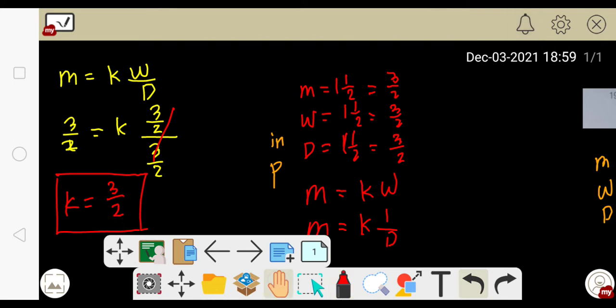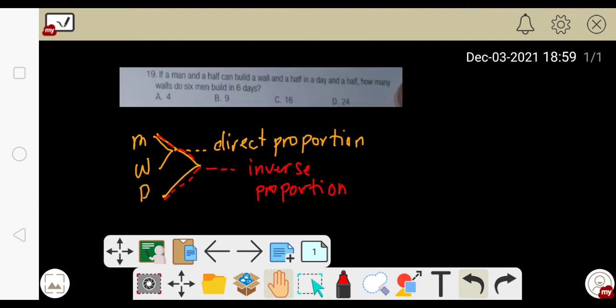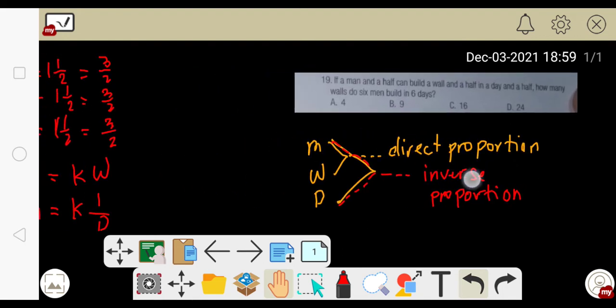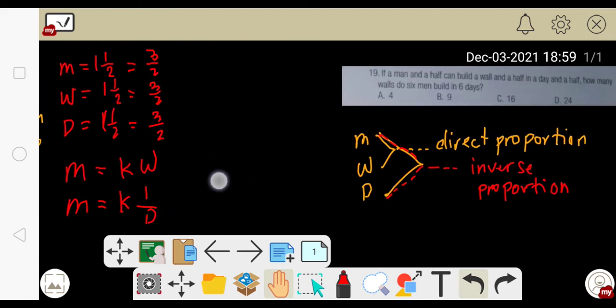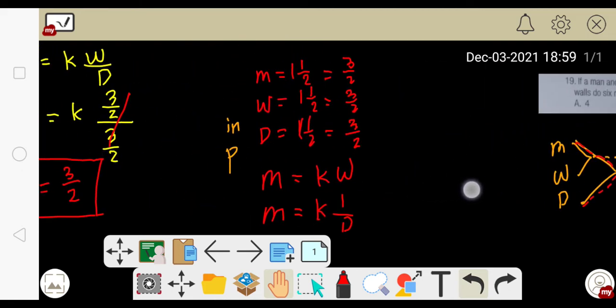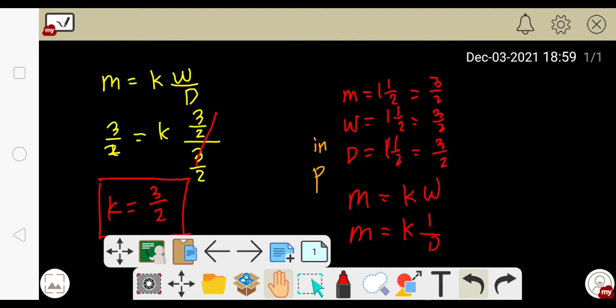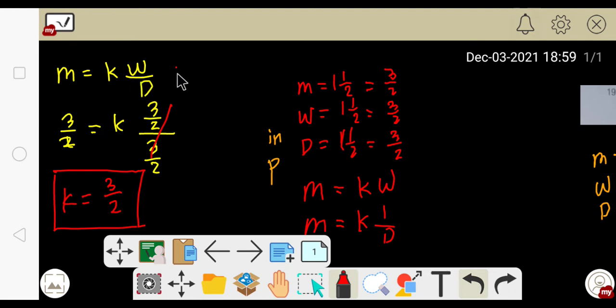Now, going back to the question, how many walls do 6 men build in 6 days? The missing or unknown variable here is the number of walls. So we got m is equal to 6, the number of walls we don't know, and the number of days is 6.